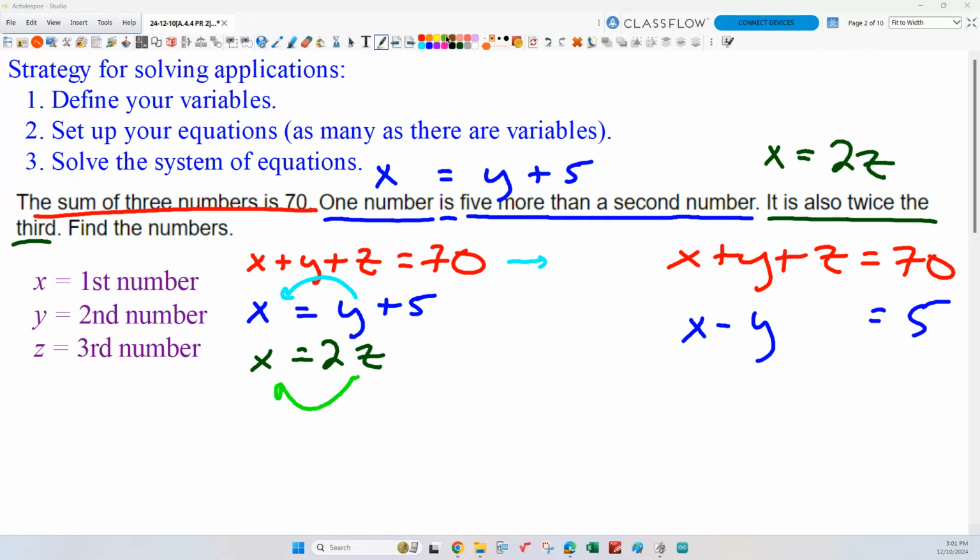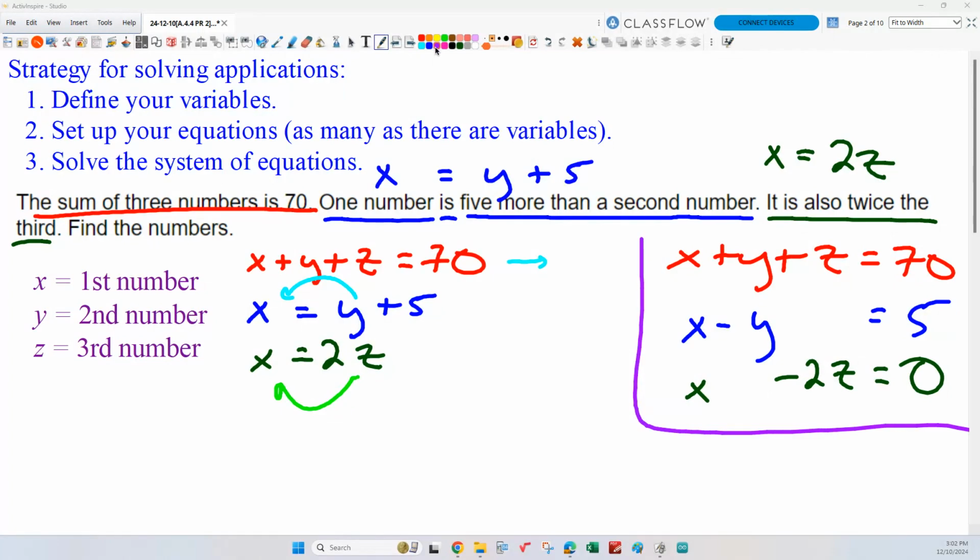Yeah, I got to subtract the 2Z over to the left side, don't I? Right? So then I just end up with what? X minus 2Z equals, what's left on the right side if I subtract the 2Z to the left side? 0. Good? Give me thumbs on that. How are we doing? Is that good? Okay. So there's my system.